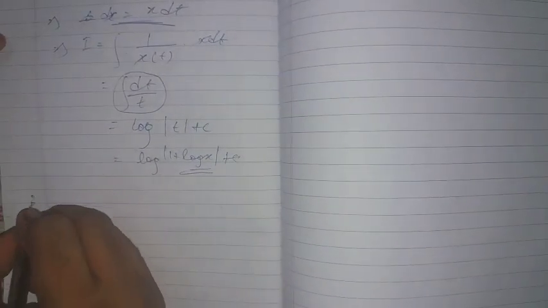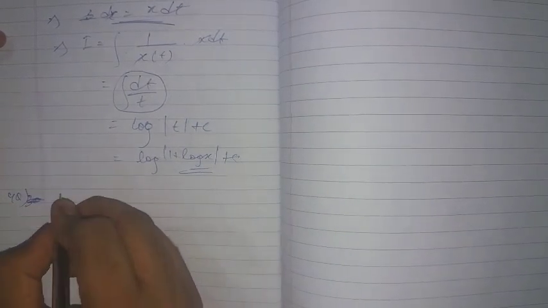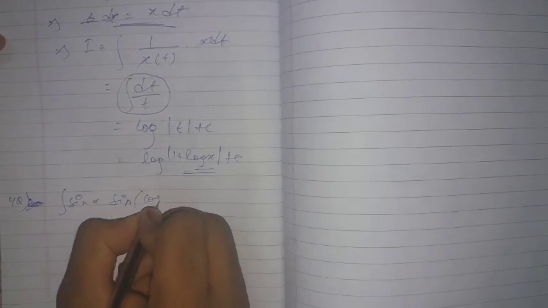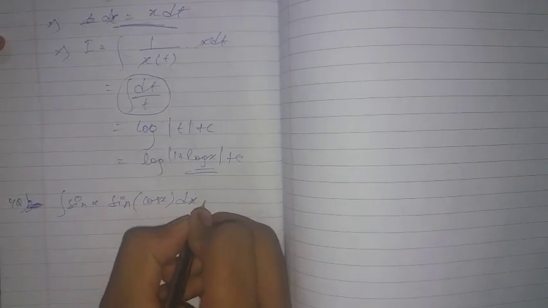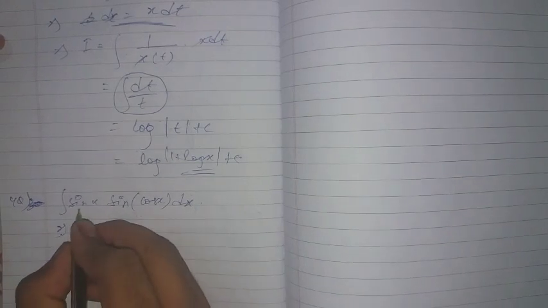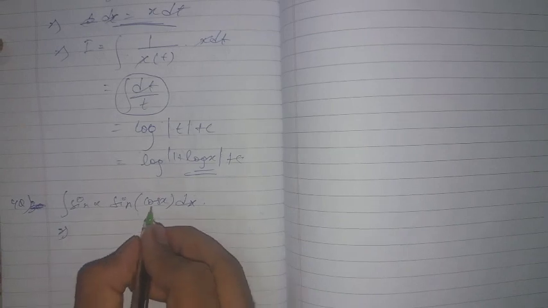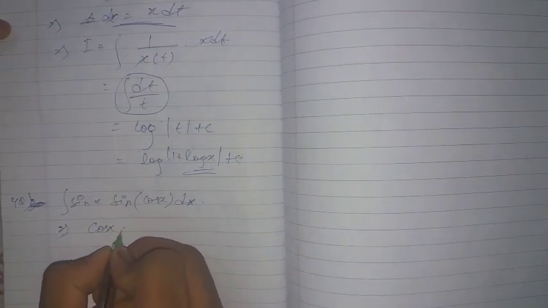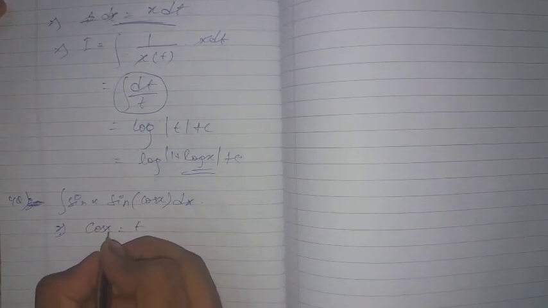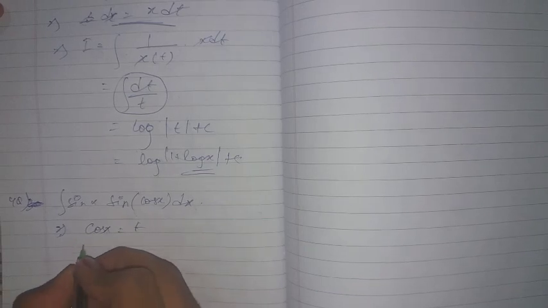So let's move on to the fourth question. Integration of sin x into sine of cos x dx. So here we need to take cos x as t. Cos x is equal to t, so the differentiation of cos x is minus sin x, right?